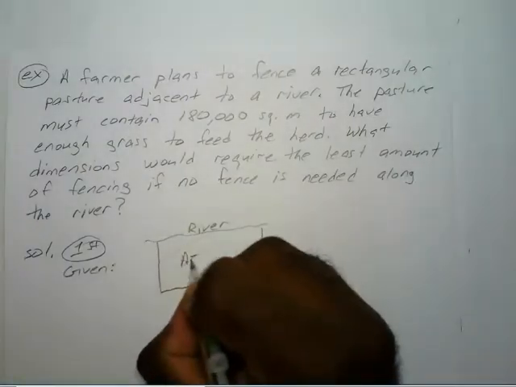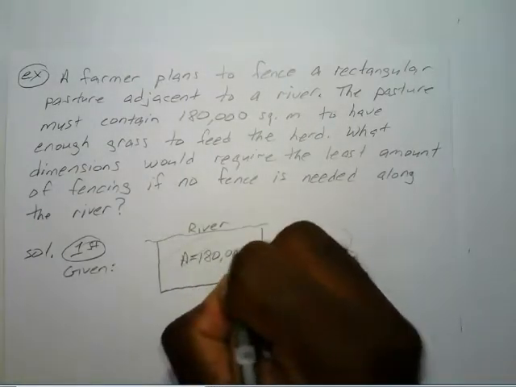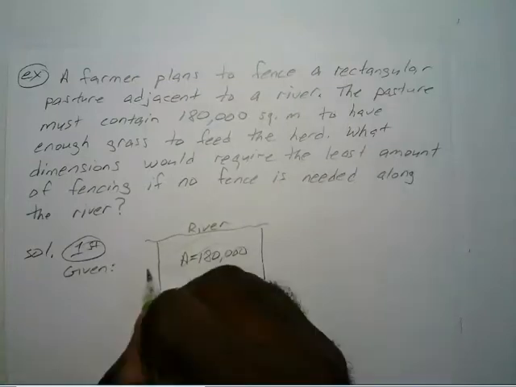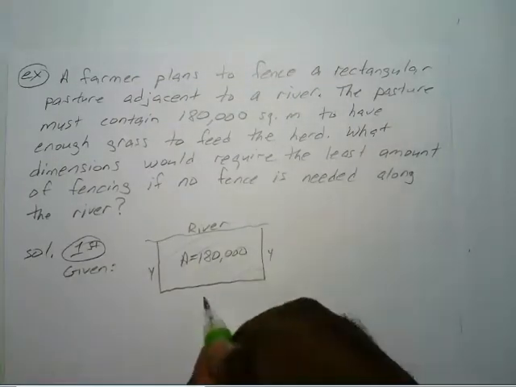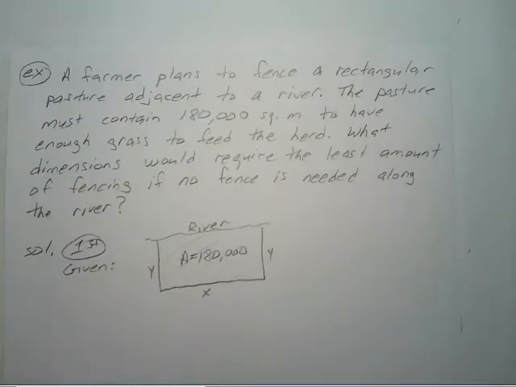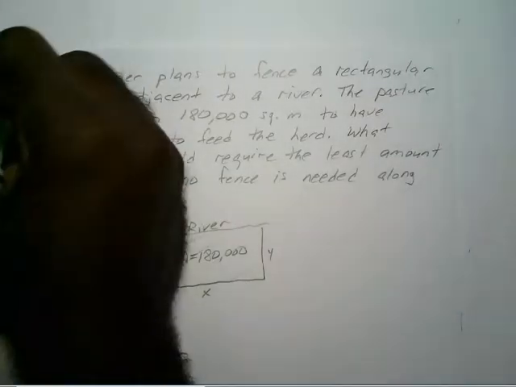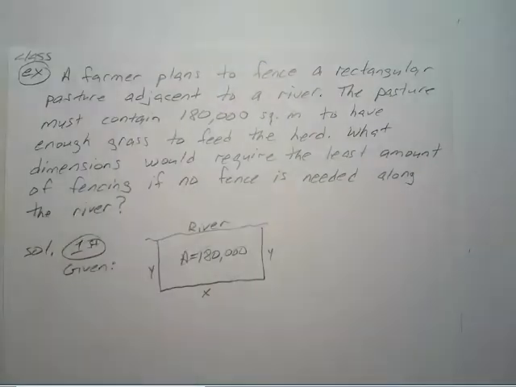So the area has to equal 180,000 square meters. So you have y, and let's say that'll be your x. All right, so that will start you off. Pretty much if you use the same method from the previous example, you should be okay. So I want you to go ahead and press pause and try this one on your own.